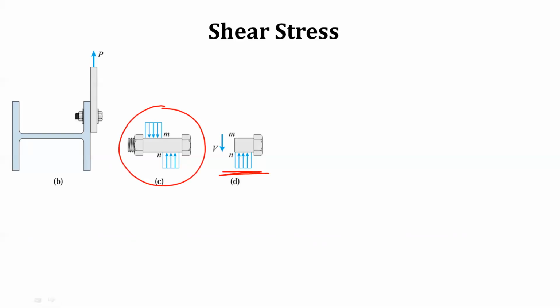If I am taking the cut section here, for equilibrium I should show the shear force here, which is acting parallel to the MN surface, because in order to balance this part, to keep it in equilibrium, there should be an equal and opposite force acting on this surface. So this is called shear force again.